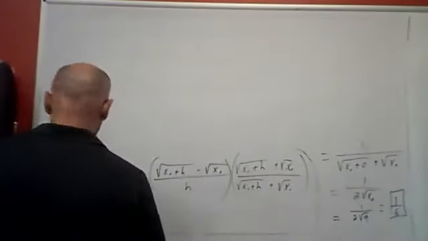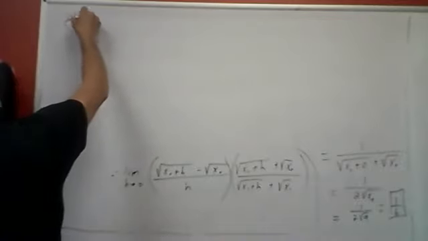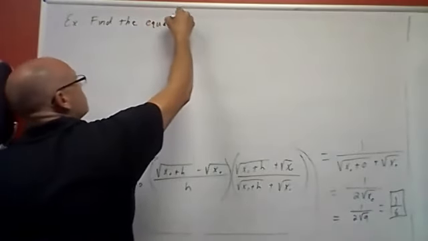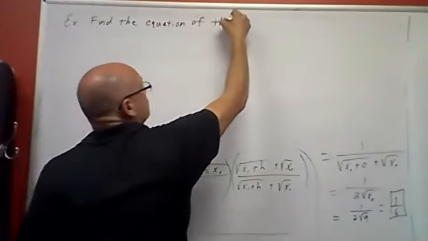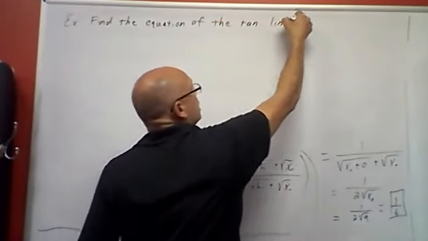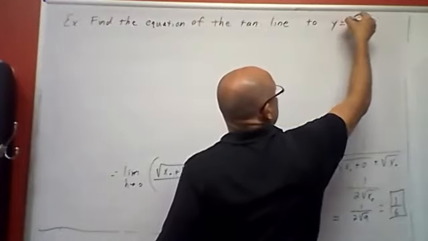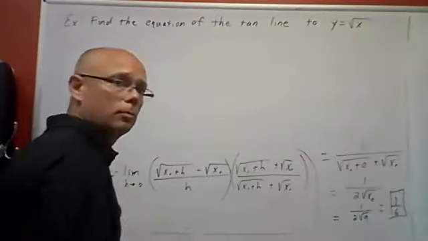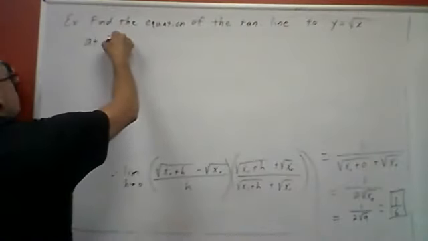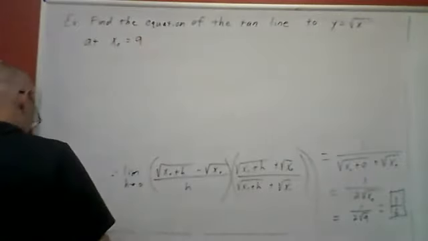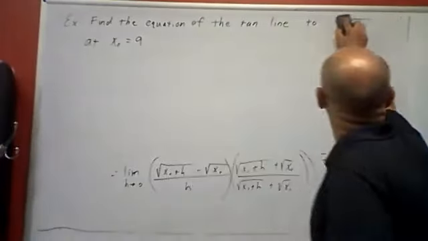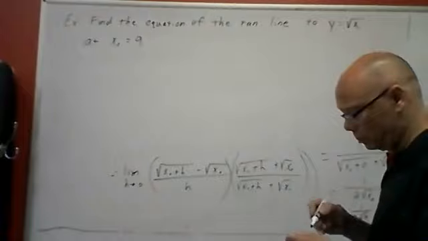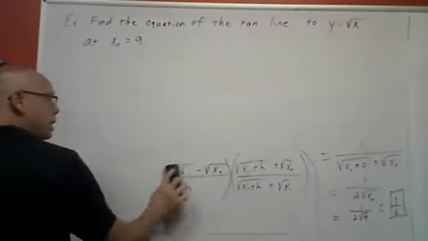What if I tell you to find the equation of the tangent line to y equals the square root of x at x naught equal to 9? I want to find the equation of the tangent line at that point.